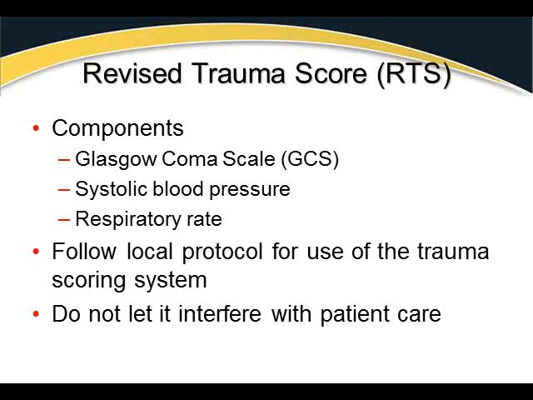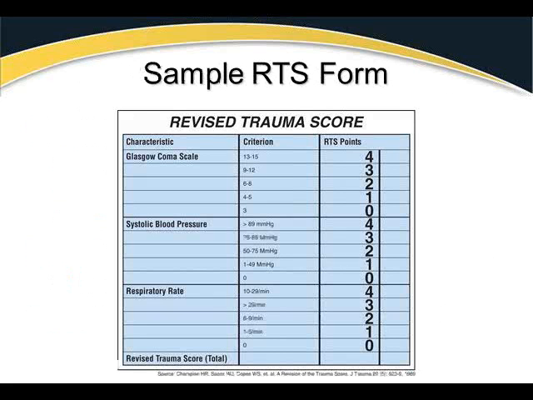And then it goes on to talk about respirations as well. You add those up and come up with a sum. Max is going to be 12, minimum is going to be 0, which differs from your Glasgow Coma Scale, remember, which is a max of 15 and a minimum of 3. And there it is.